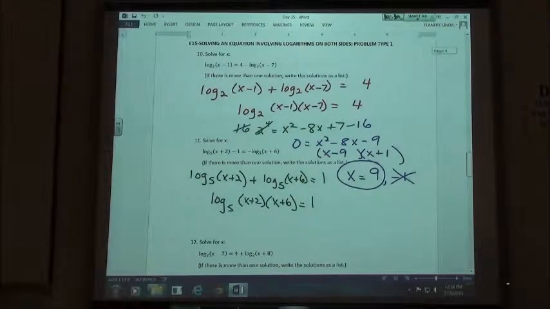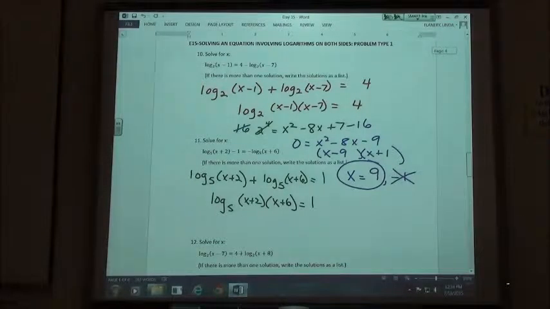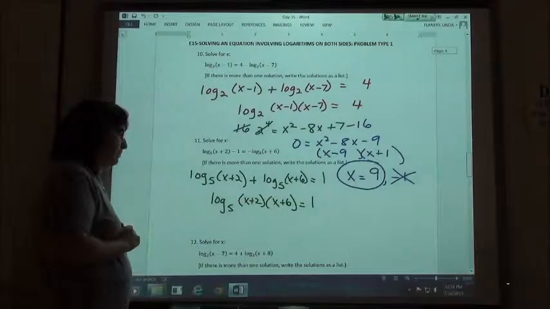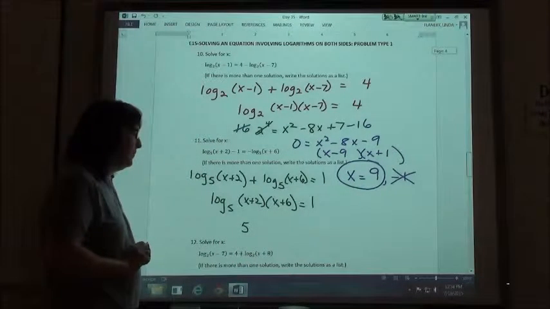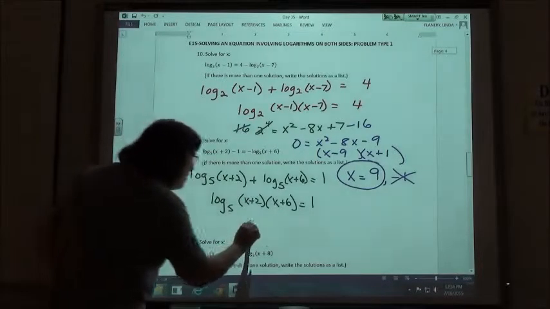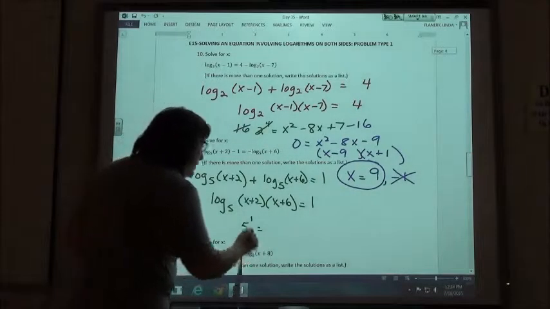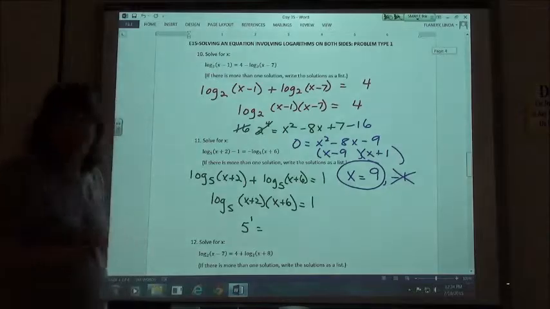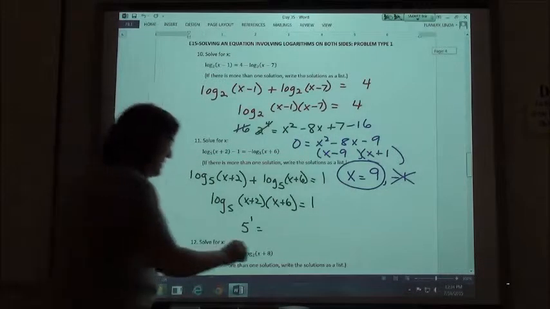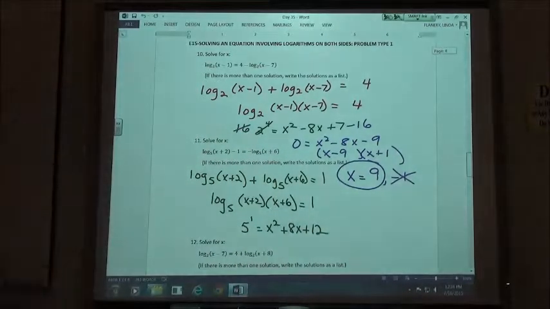So rewriting that in exponential form, I would have 5 to the first power, which is still just 5, equals x plus 2 times x plus 6, which would be x squared plus 8x plus 12, right? Yep. So we know 5 to the first is 5.